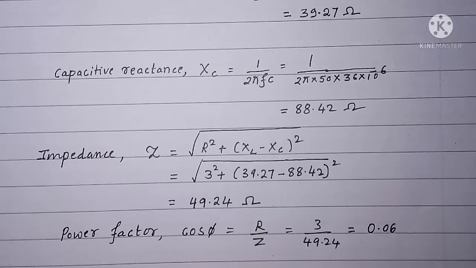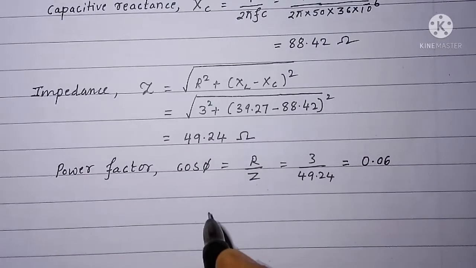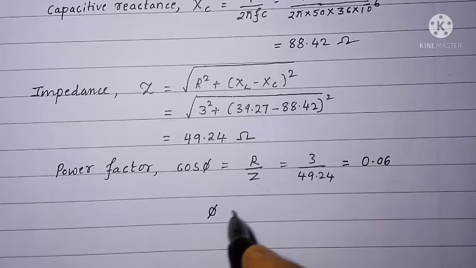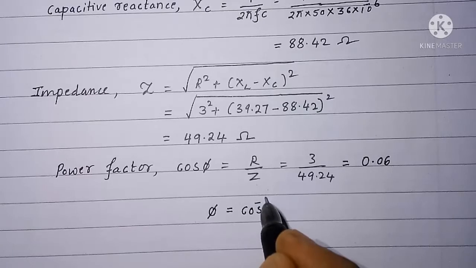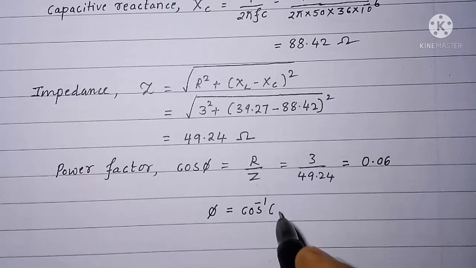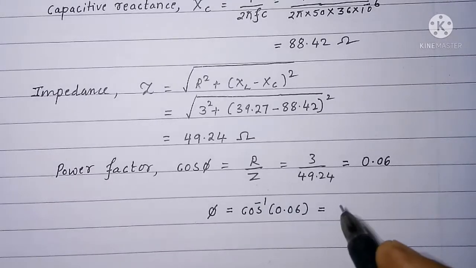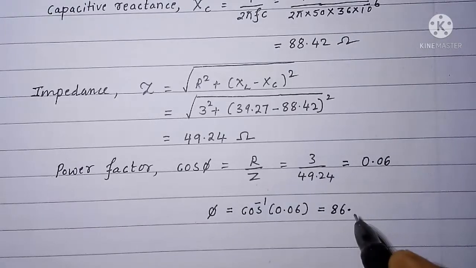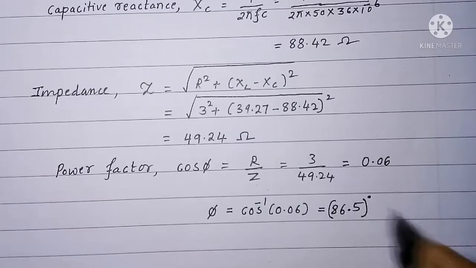Using cos phi we can calculate phase angle phi. That is phi equal to cos inverse of 0.06, and that is 86.5 degrees.